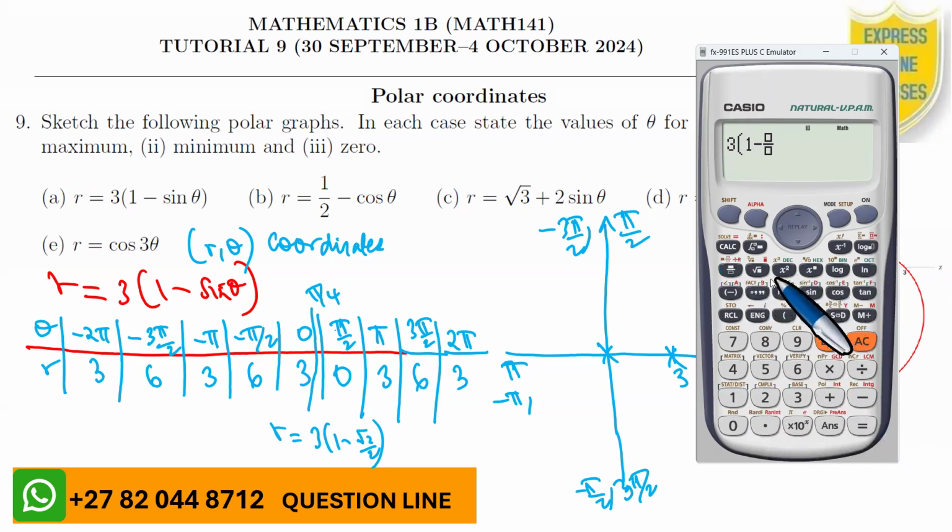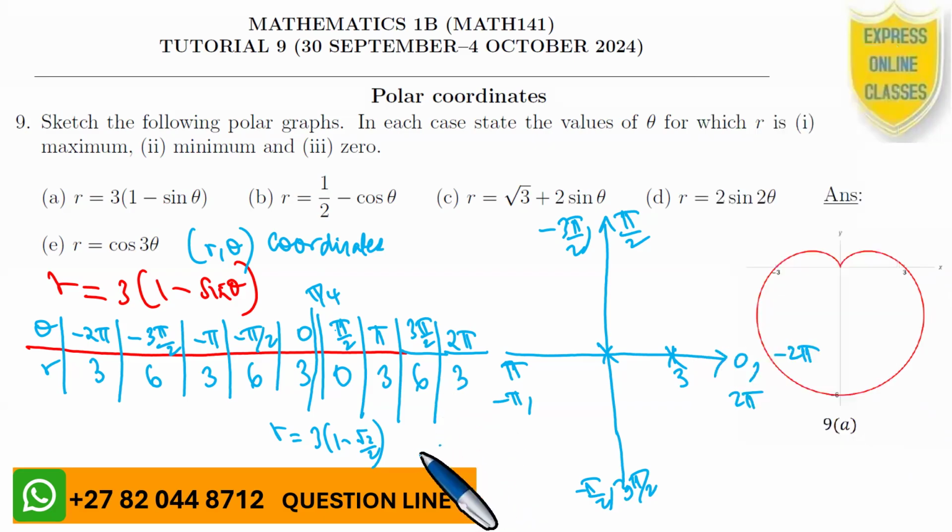Okay, then you have the square root of 2 out of 2, which is 0.88.